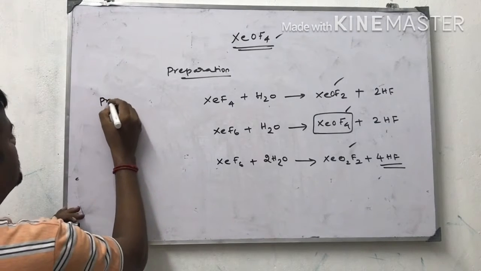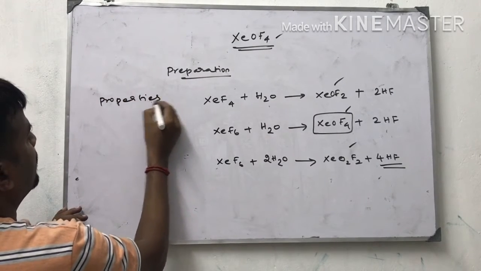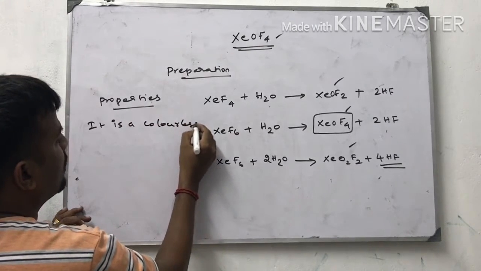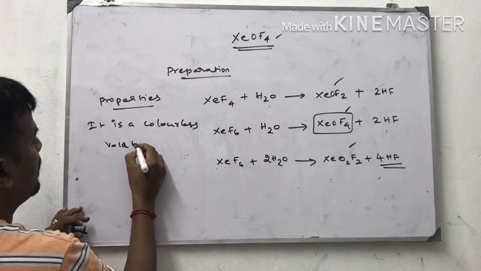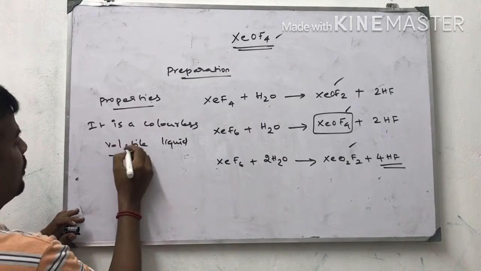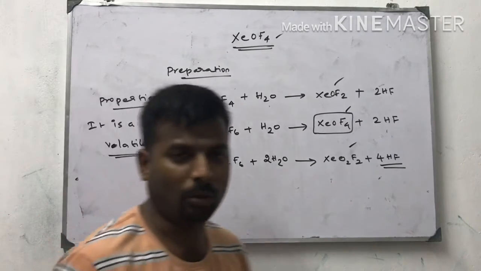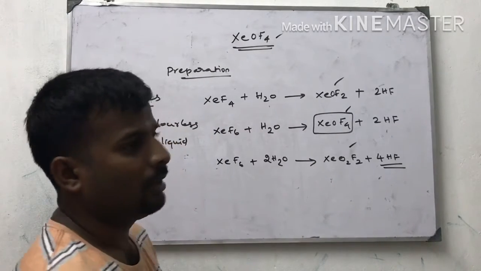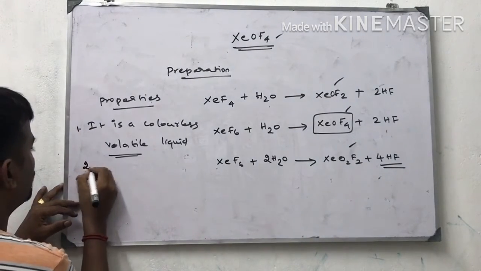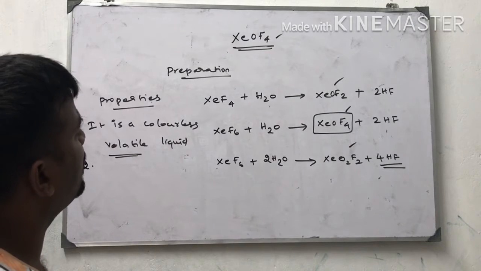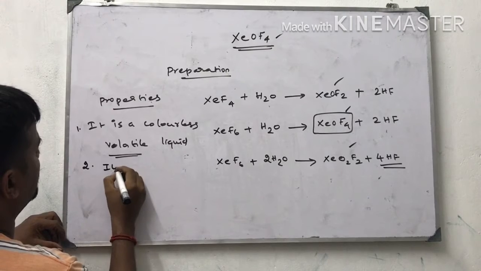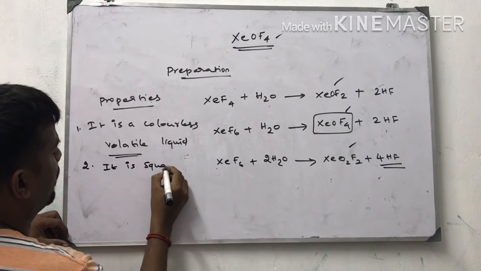Now the properties. It is a colorless, volatile liquid. What do you mean by volatile? It can easily evaporate. Like camphor is a volatile solid, and ether is a volatile liquid. Like that, it is a volatile liquid. Next, it has a square pyramidal shape.